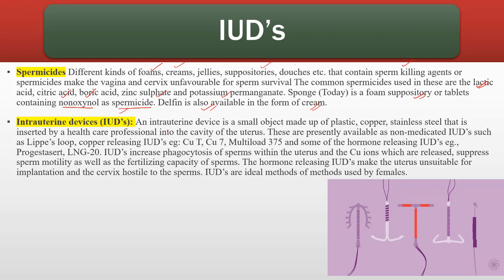Now IUD. Spermicides were the part of the first slide. IUD is basically the intrauterine devices. It includes the mechanical devices, the mechanical method. It is also a barrier method.